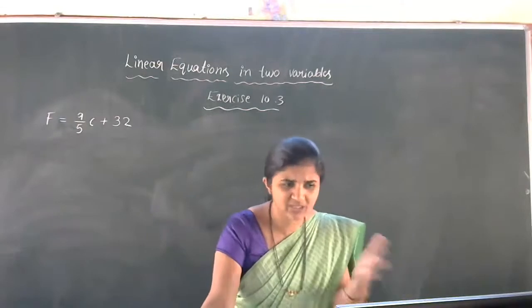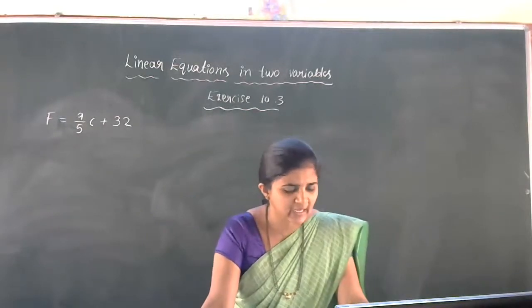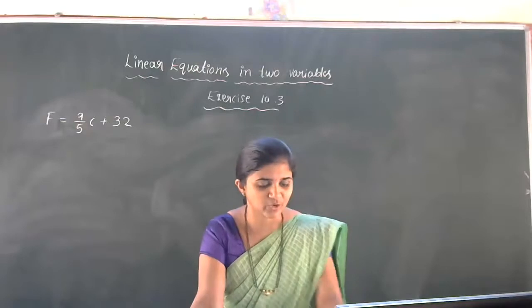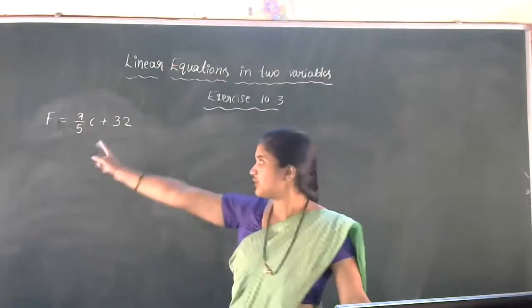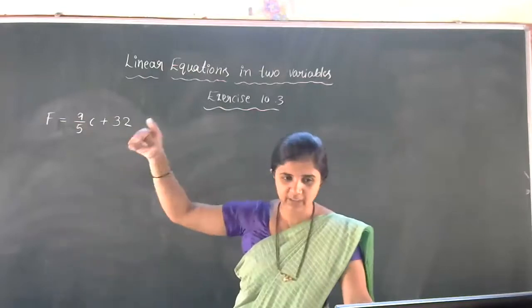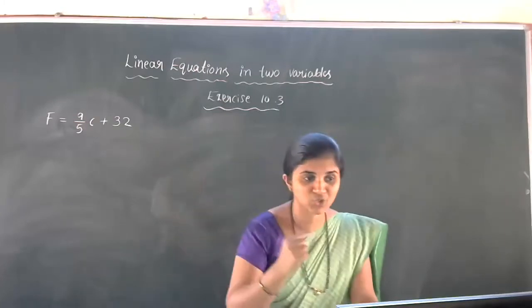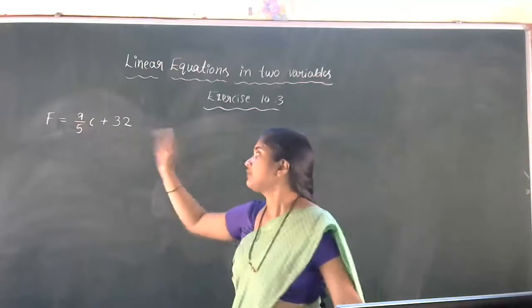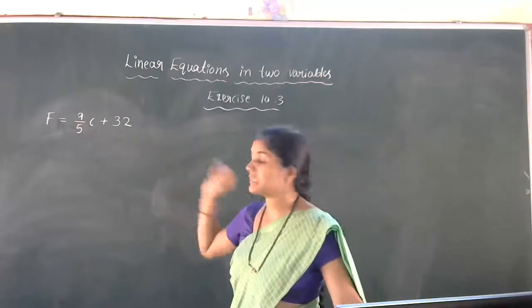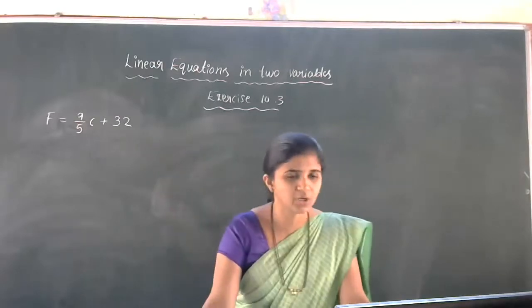Here we are using the Celsius scale only. Daily we get the message in the Celsius scale only. If you want to convert today's Celsius temperature to the Fahrenheit scale, Fahrenheit is equal to 9/5 Celsius plus 32. You all know this expression, right?